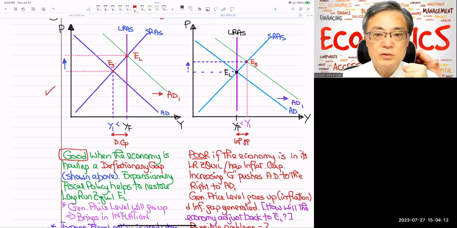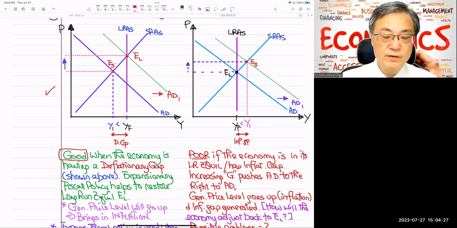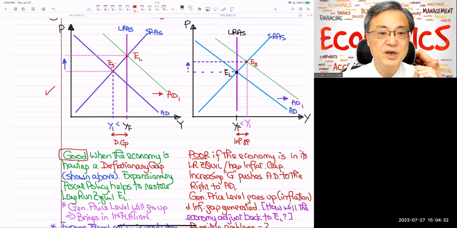All right. So in this case, what do you expect? You expect quite a significant level of unemployment because not all the resources, for example, labor, are being employed. The inflation rate will be minimum, not much pressure on the general price level.